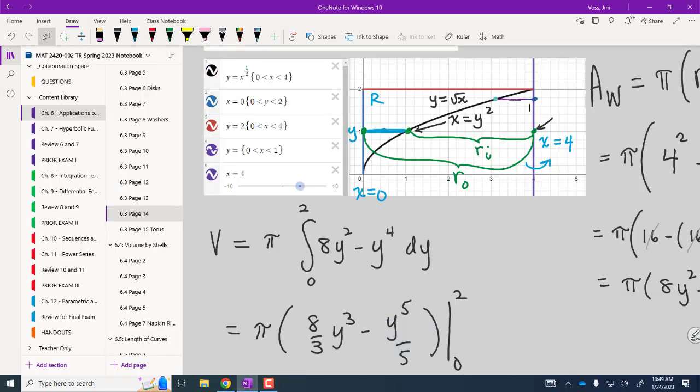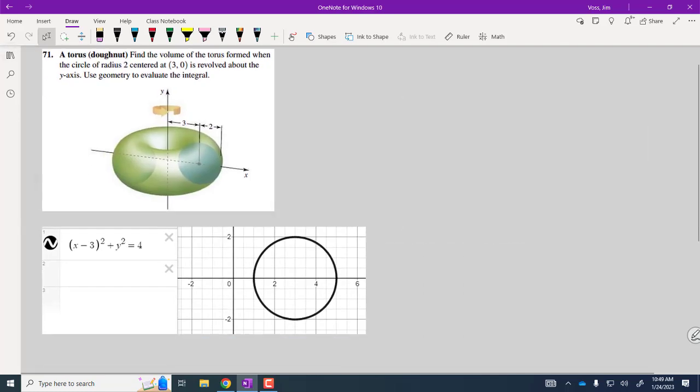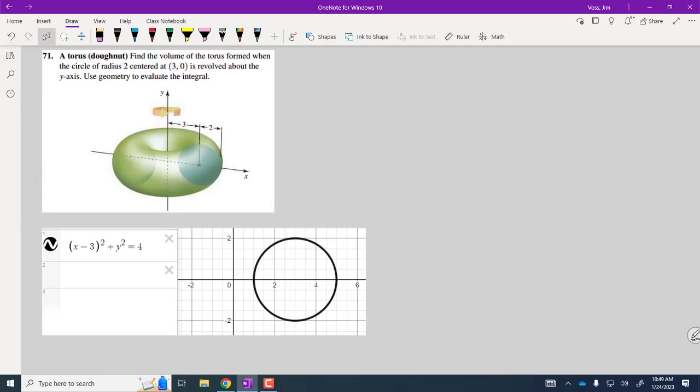And let's do the torus. Okay, so this is a complicated problem. This will not be on the test, but this is a really good example of some ideas that we are definitely going to be using later in the semester.